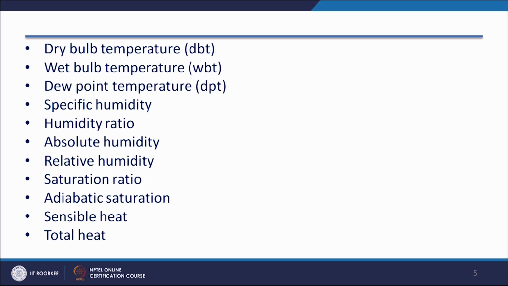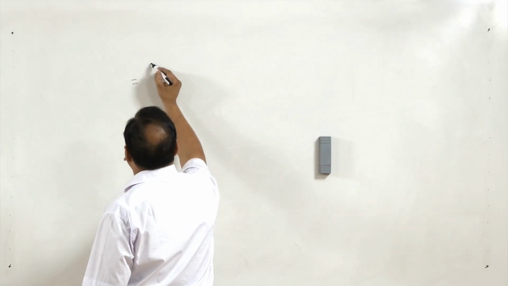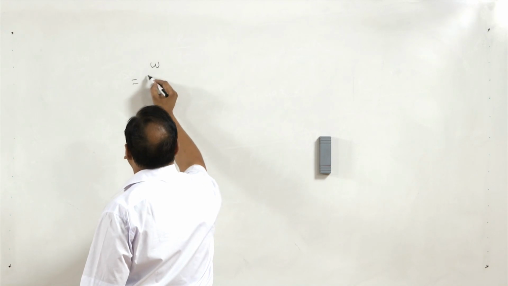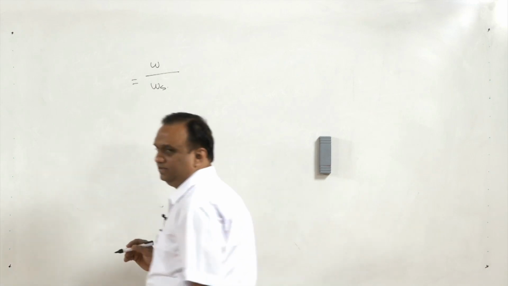Now, third one is saturation ratio. Nowadays, this is not used. Saturation ratio is equal to the specific humidity of the air divided by the specific humidity when the air is saturated, right.